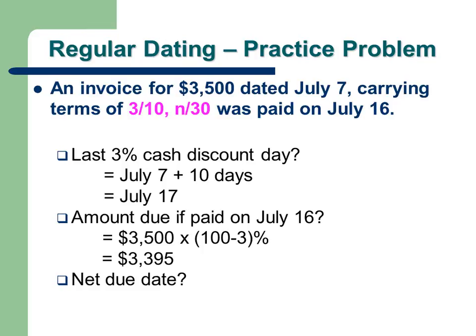And the absolute net amount due date, okay, so regardless of the cash discount, you must pay the invoice by 30 days from the invoice date. Okay, so the invoice date was July 7th, and you add 30 days from that, that would be August 6th. Okay, July has 31 days, so you've got 24 days left in July, and then 6 more days in August.